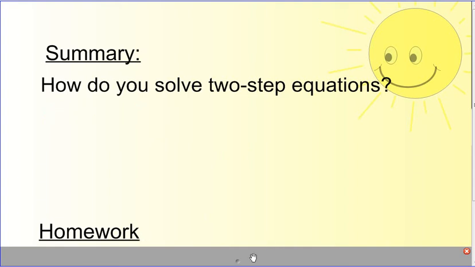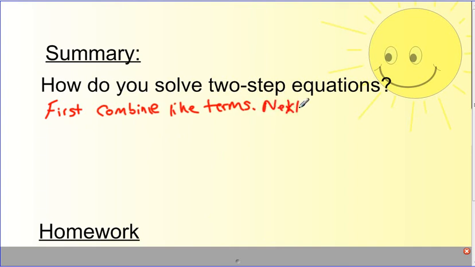So first, combine like terms. Next, get rid of add and subtract.